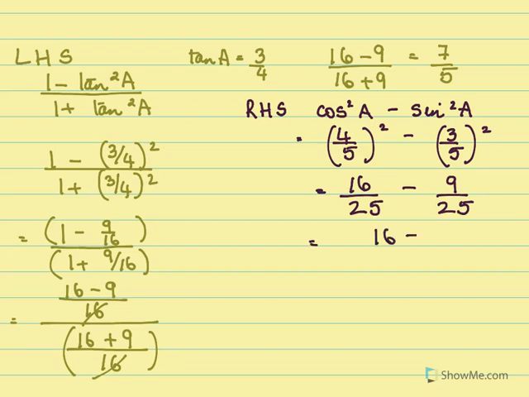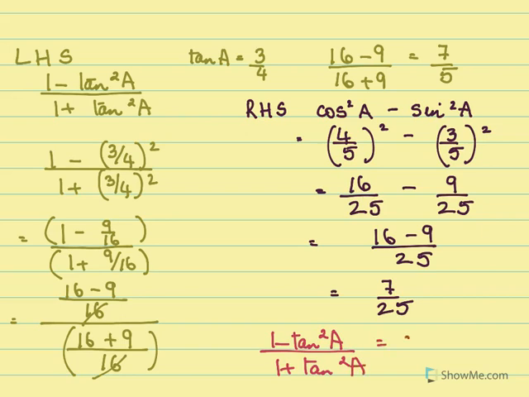So that is (16 minus 9) over 25, and this also is 7 by 25. So the left hand side is equal to the right hand side. So we can say that (1 minus tan square A) over (1 plus tan square A) equal to cos square A minus sin square A, and we have proved.